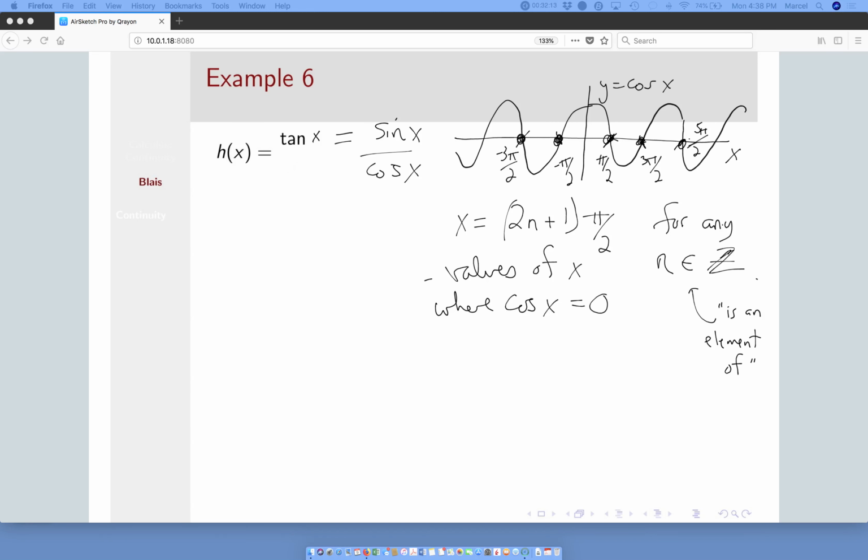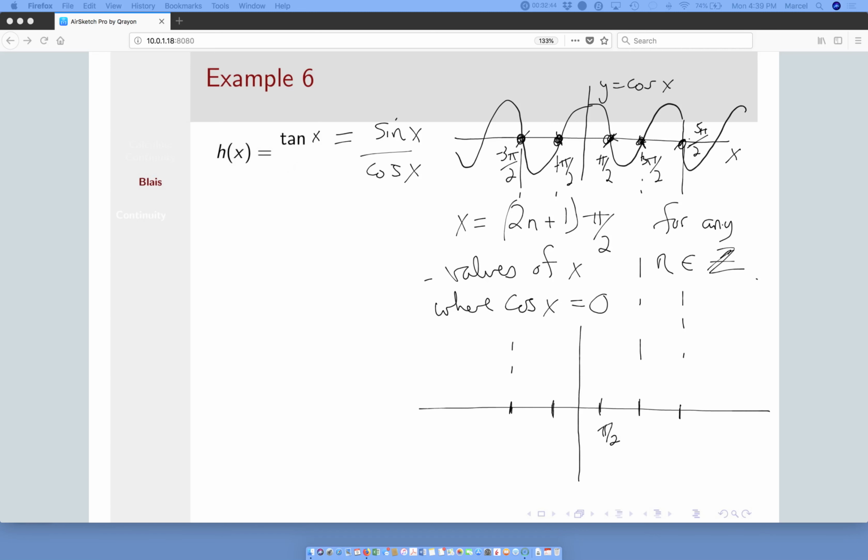And you've seen this in your trig class, but if we line this up with the graph above it, so again, pi over 2, 3 pi over 2, 5 pi over 2, minus pi over 2, minus 3 pi over 2.